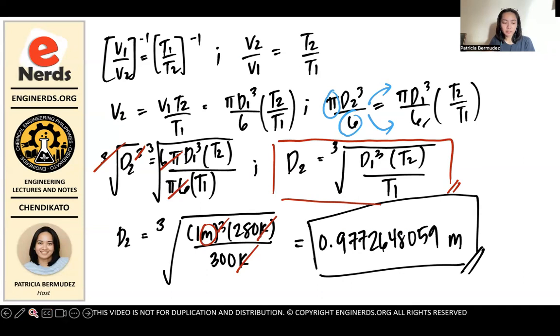Always be careful na hindi kayo magre-relate ng properties like diameter or radius directly dun sa temperature or sa pressure, kasi hindi naman yun yung component ng ideal gas law. It's always volume, pressure, and temperature.